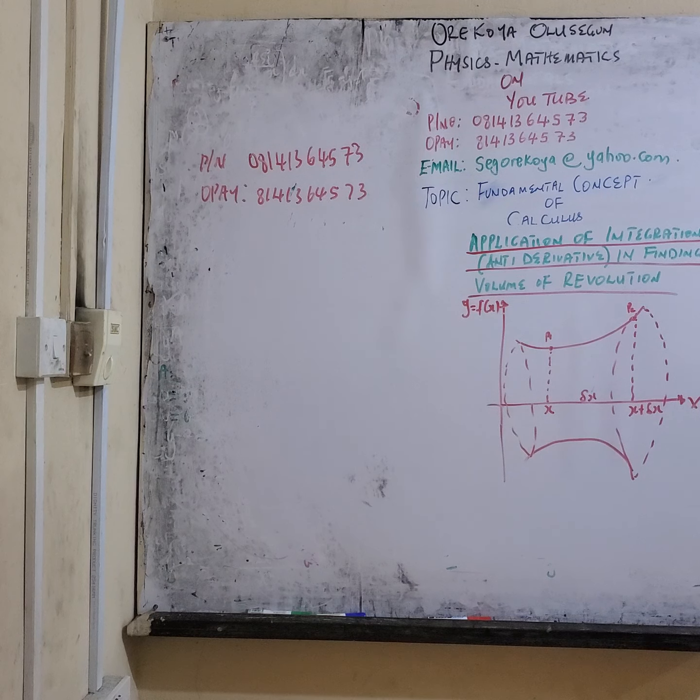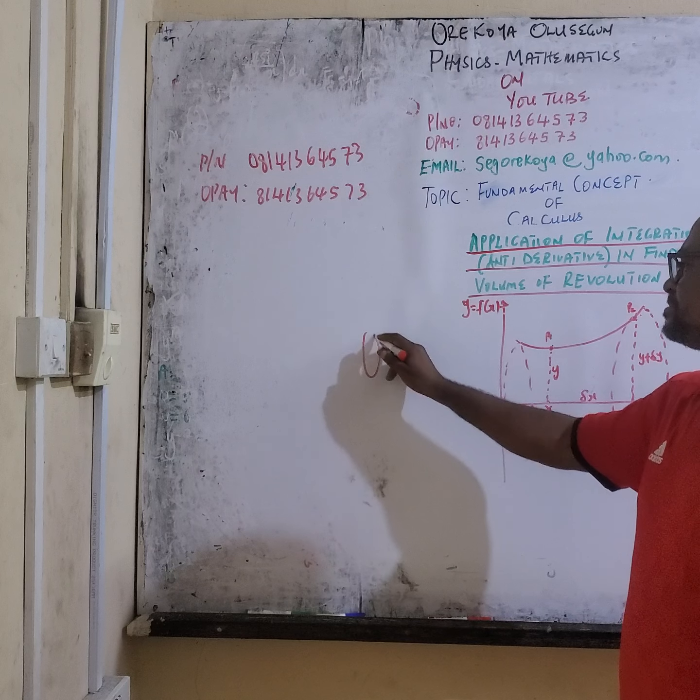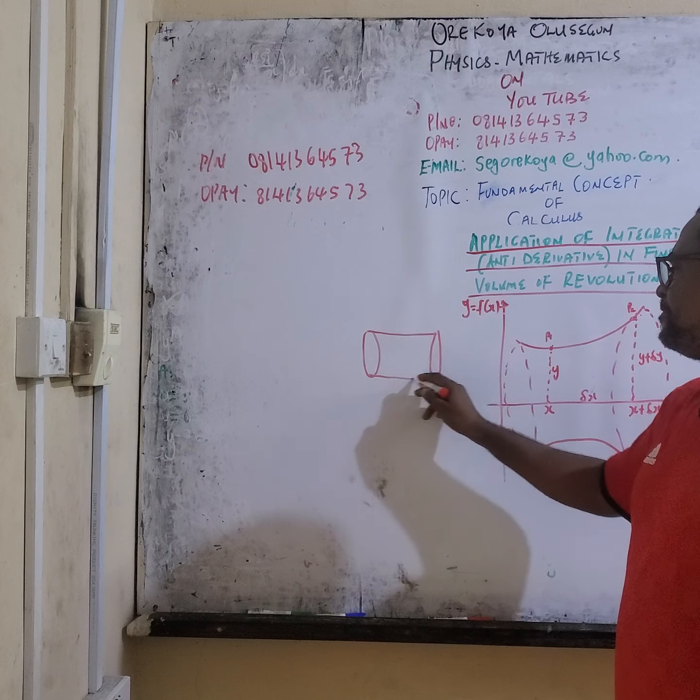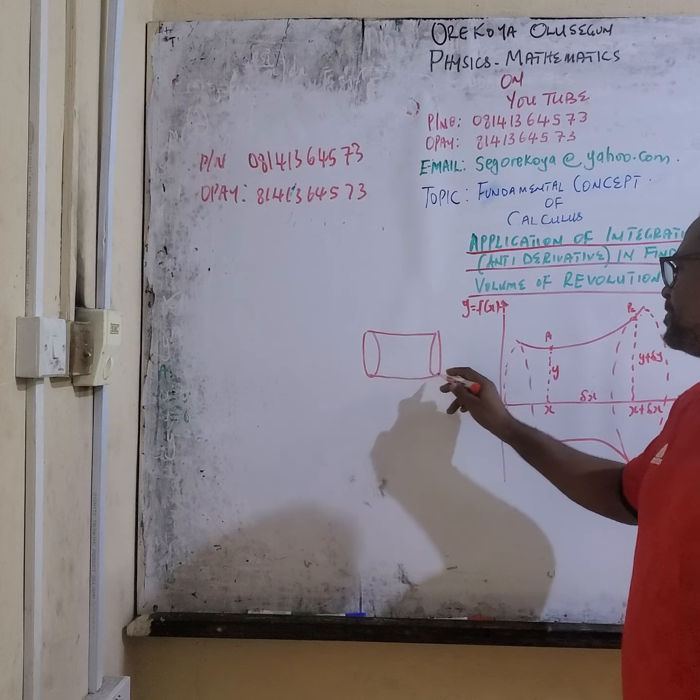If I take from here to here as my y, and from here to here will be y plus delta y, this shape looks more or less like a cylinder. I think you can see a cylinder now.